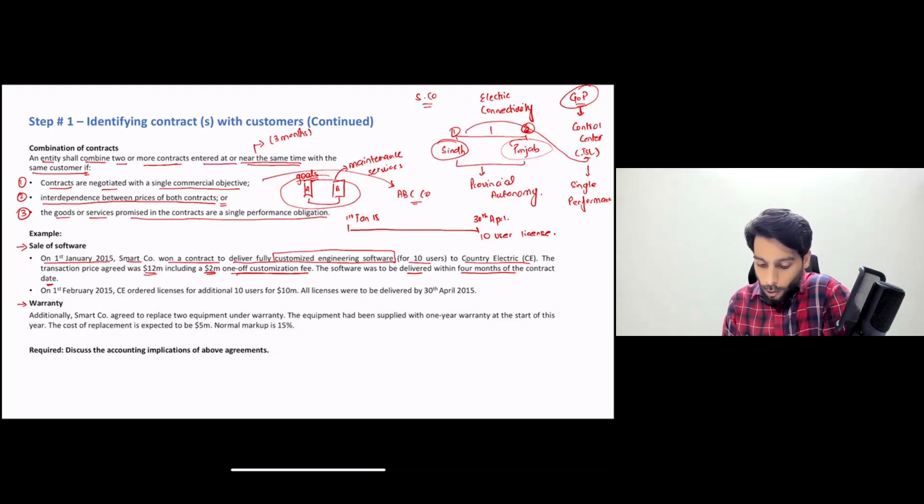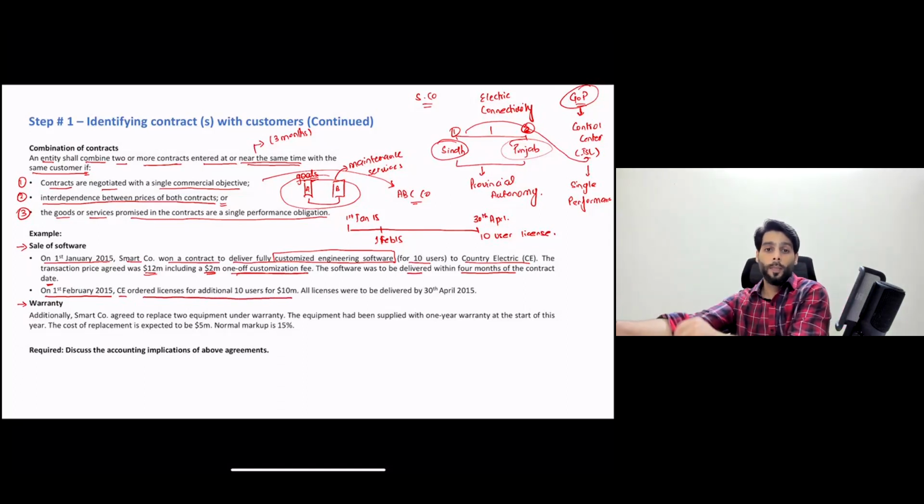Now the examiner says on 1st February 2015, that means after 1 month, Country Electric ordered licenses for additional 10 users for $10 million.